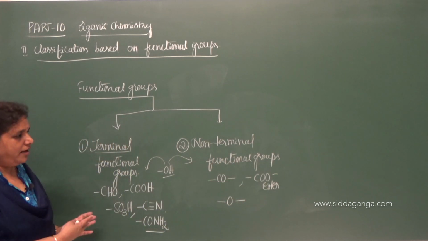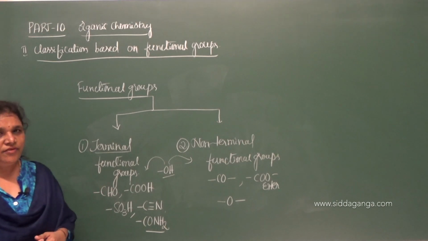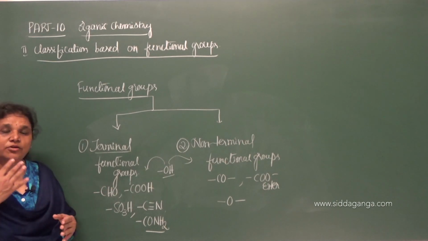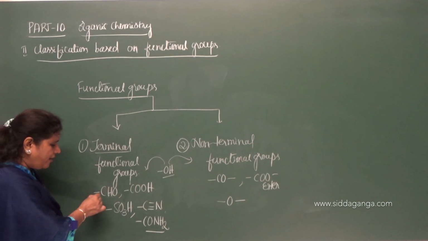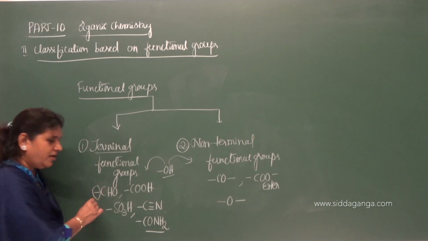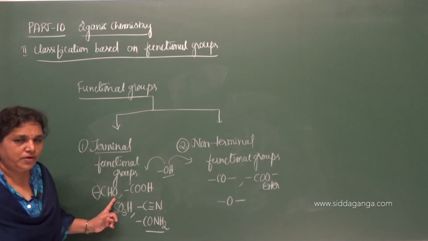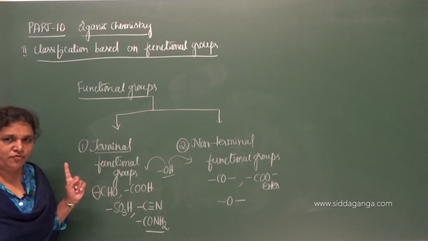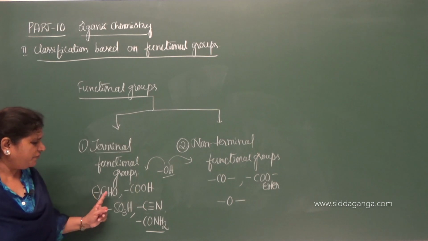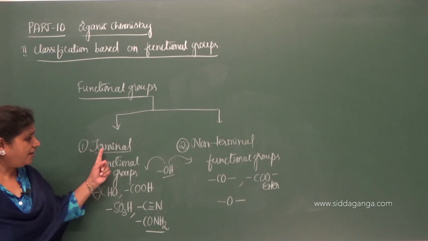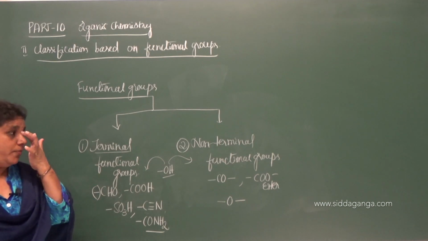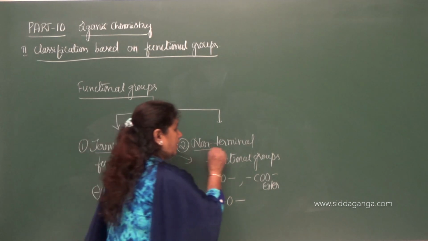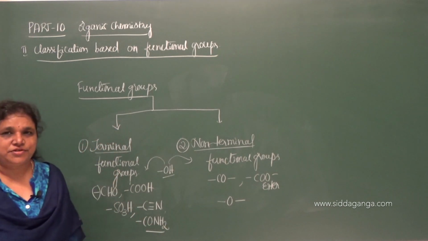Now, by writing the functional groups only, we can identify whether the group is terminal or non-terminal. If only one hyphen is used before writing the group, then that indicates the functional group is a terminal functional group. Whereas, how to write the non-terminal functional group?